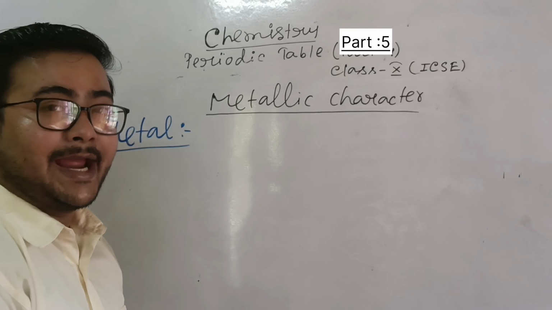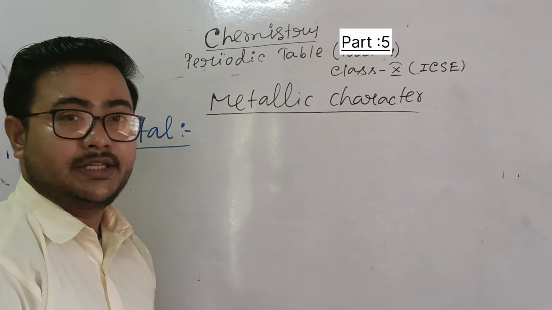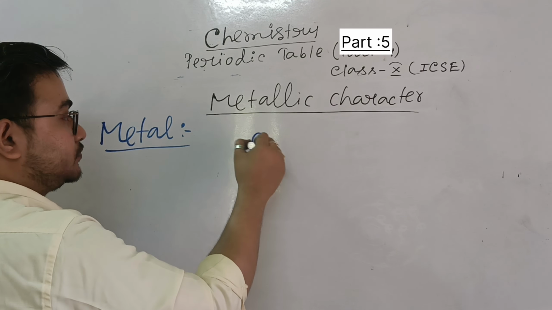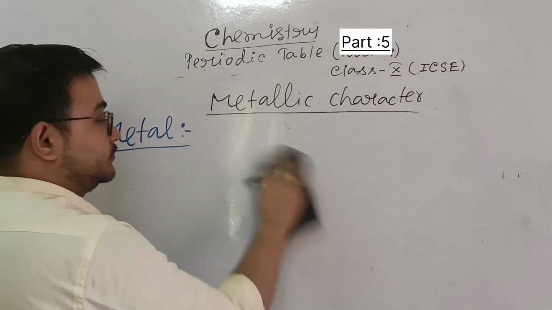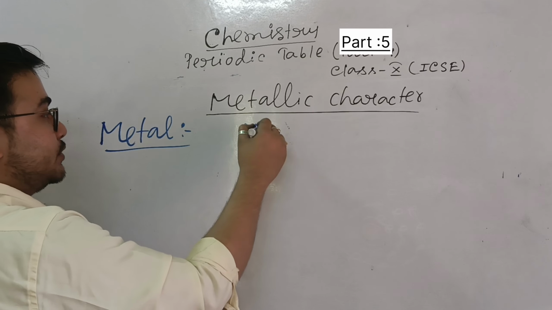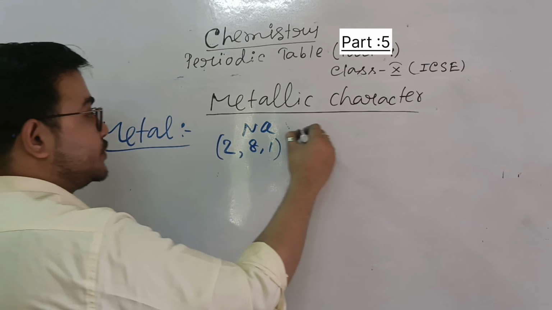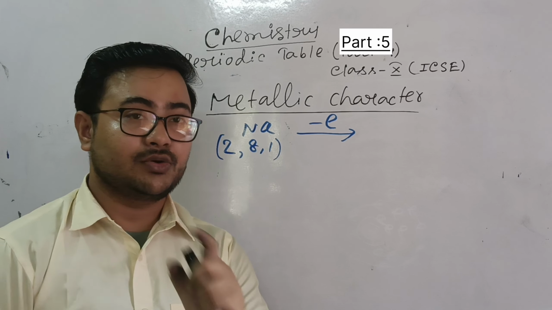Metal is an atom that has a tendency to lose an electron, that is, donates an electron. Suppose you consider sodium, 2, 8, 1. If sodium loses an electron, sodium gets stability. Why?